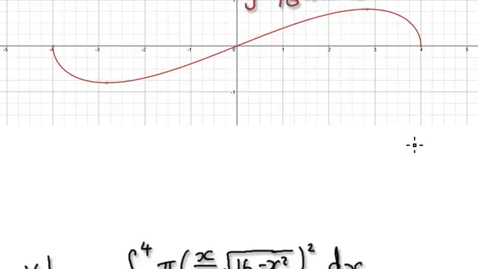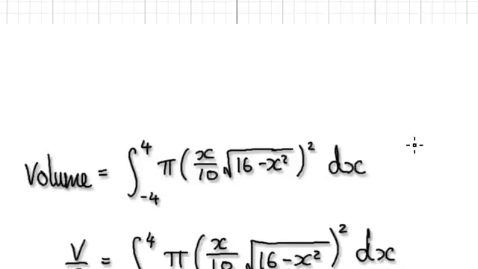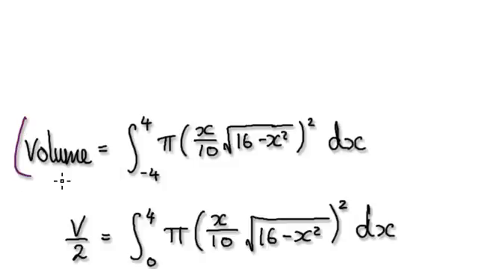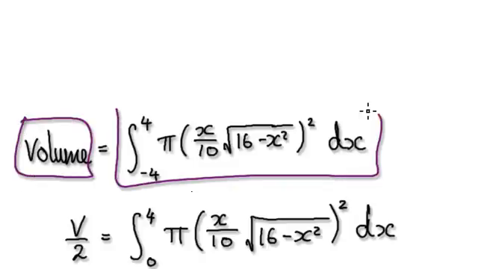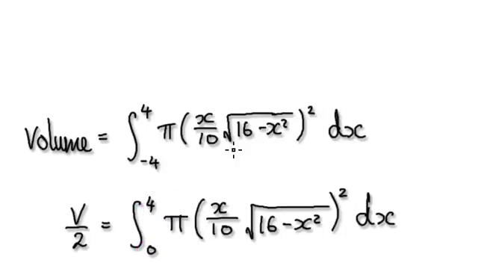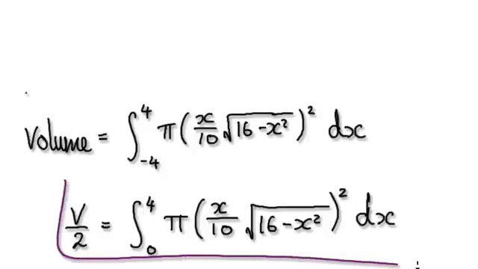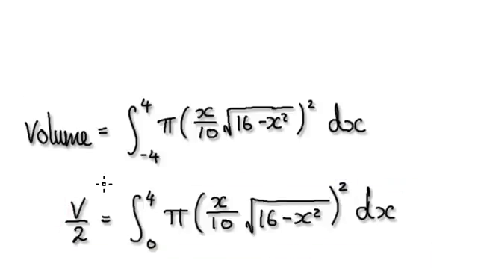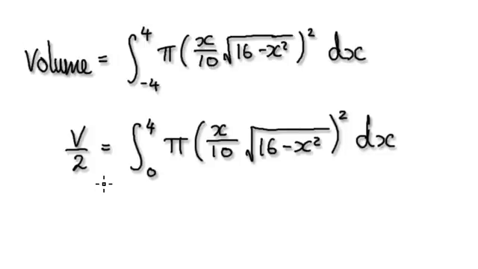It will be easier, and then later on we can just times by 2. The total volume equals this. We integrate from 0 to 4 because 0 is really easy to evaluate later on. So that takes us to this, and now it's just a matter of integrating it.